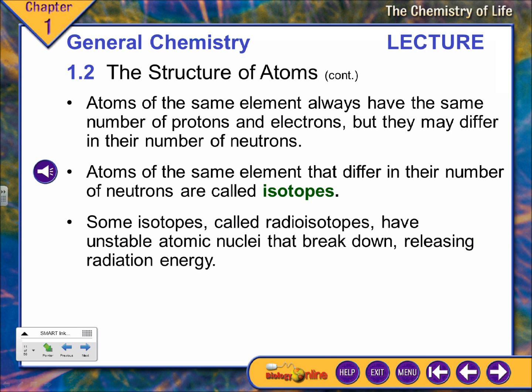They have a different number of what? Neutrons, okay? It makes them unstable, and some of them are radioactive, and their nucleus actually is going to lose particles because it's not stable. And that gives us some cool stuff that we can use as tools in biology, like carbon dating.